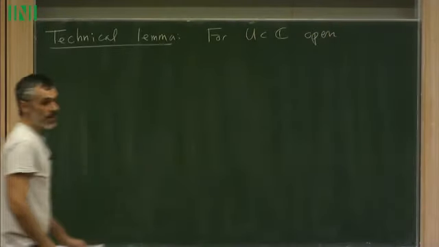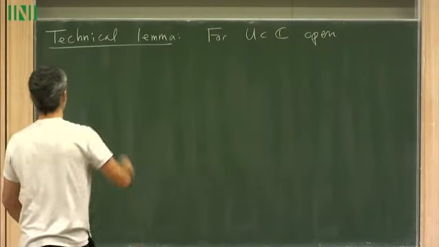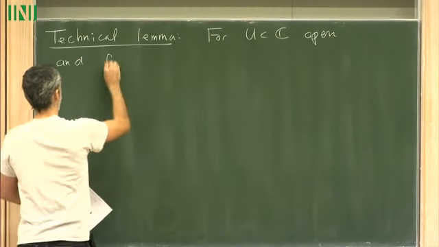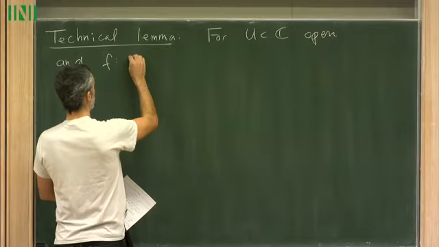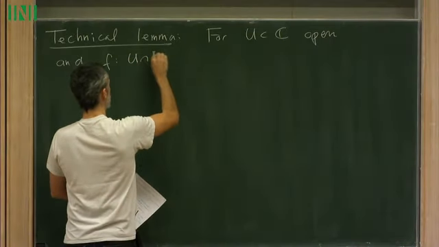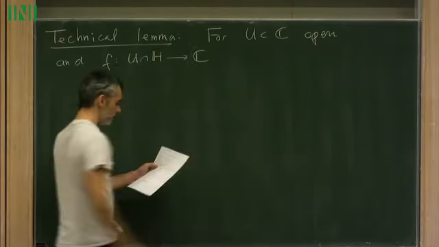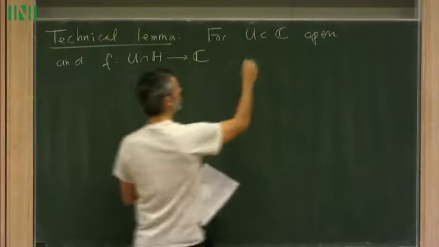For U, an open subset of the complex plane, and F, a function defined on U intersect H, the following are equivalent.